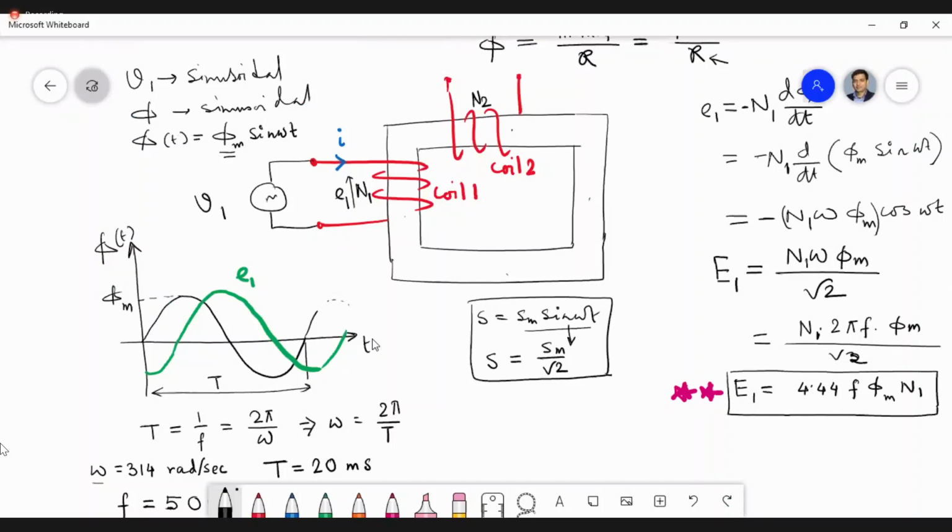If you have a sinusoidal quantity like voltage, current, flux, etc., and you are interested in finding the average value, I think you can calculate it. So what will be the average value? Can you tell me?